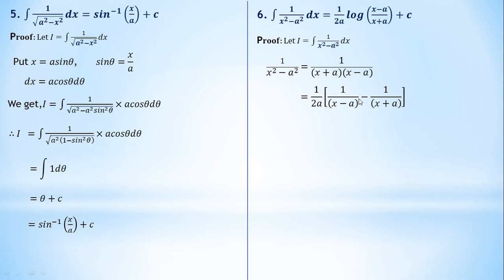See this carefully and confirm whether it will be 1 upon x square minus a square or not. Now after getting this, we will solve the integration 1 upon 2a into bracket 1 upon x minus a minus 1 upon x plus a dx.